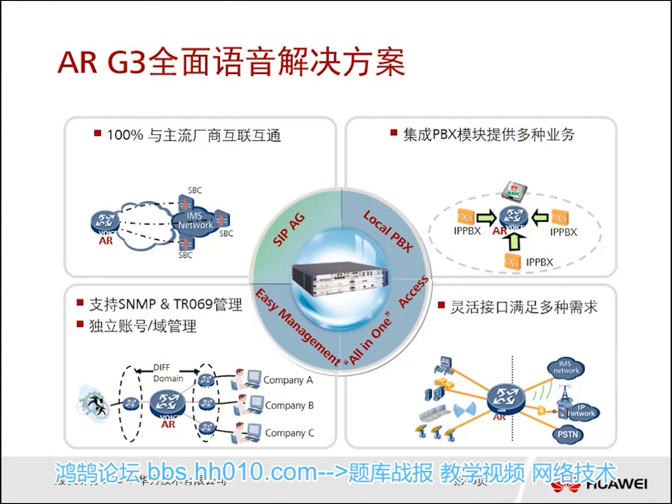First, let's take a look at how this router addresses the comprehensive voice aspect, one of its solutions. The information on this chart has already been displayed. First is the full interconnection with mainstream vendors. It first integrates the PBX module to provide various services.